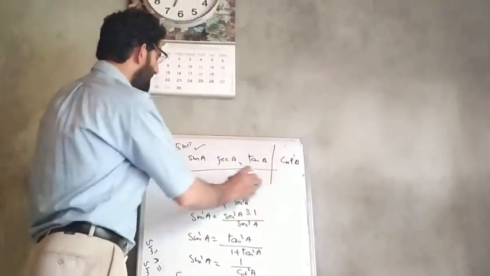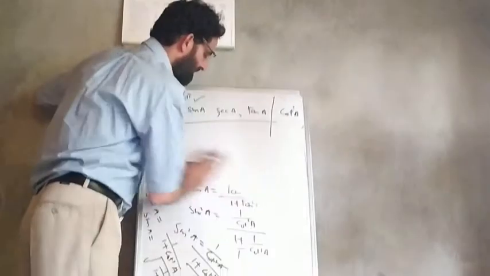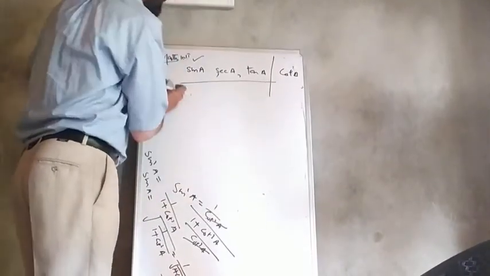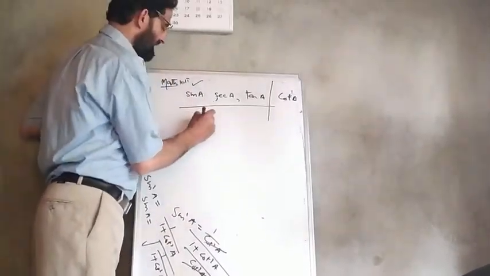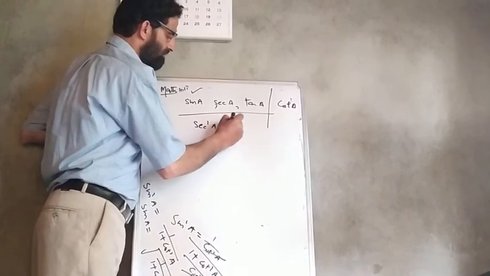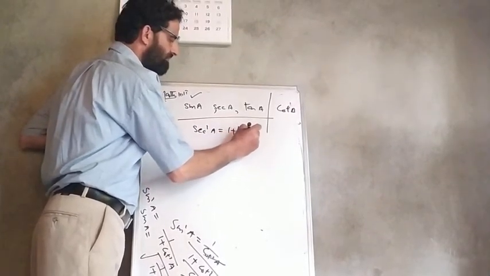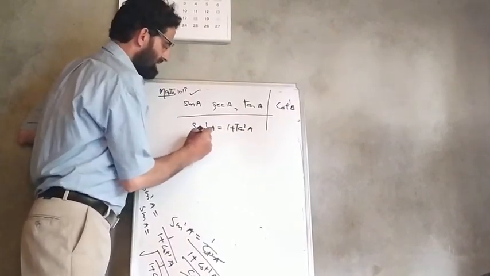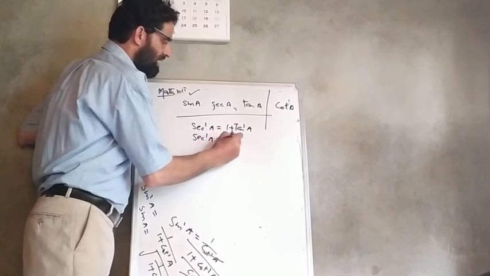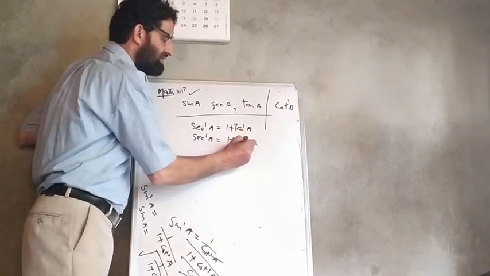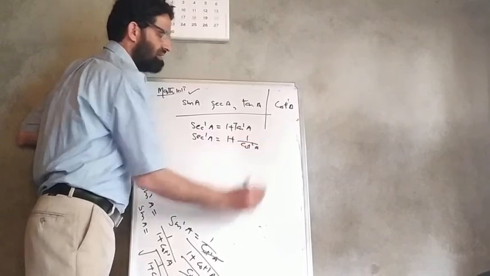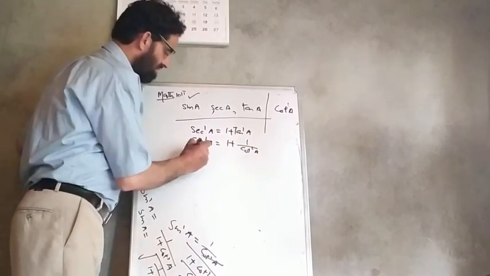Now, what about sec A? Now we shall write here sec square A is equivalent to 1 plus tan square A. You can easily change it in terms of cot, so this is 1 plus cot square A divided by cot square A. So this is how it goes.